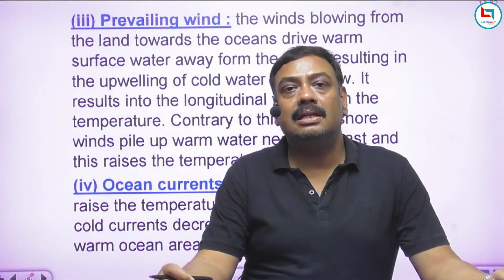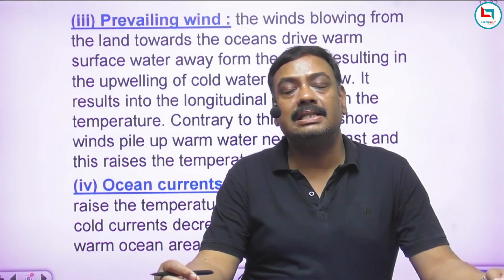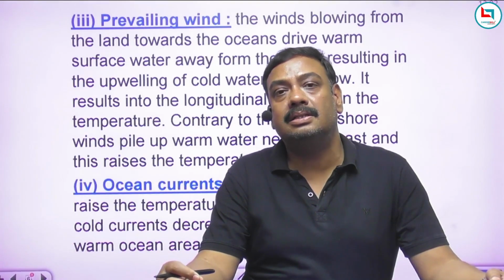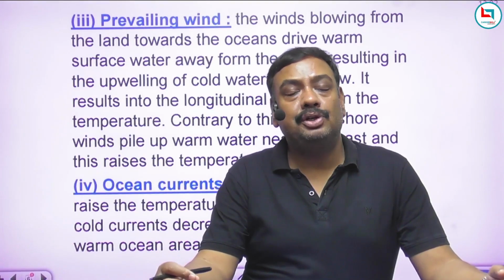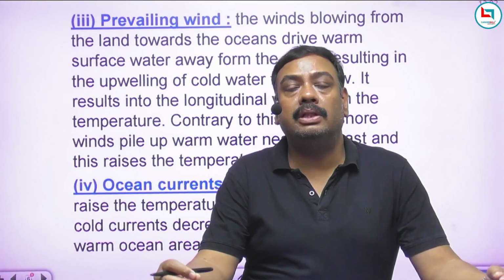Now here, since we are discussing prevailing winds as one of the factors controlling the temperature of the ocean water, the prevailing winds control the temperature of the ocean water only on the surface.